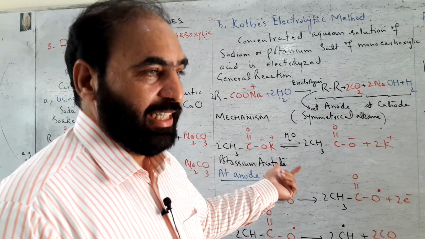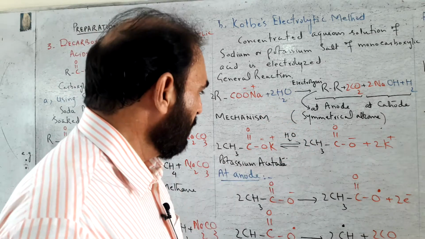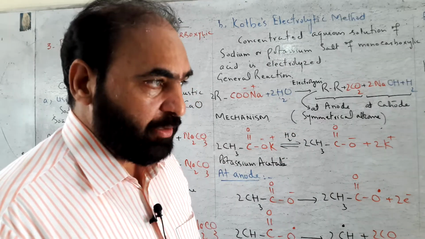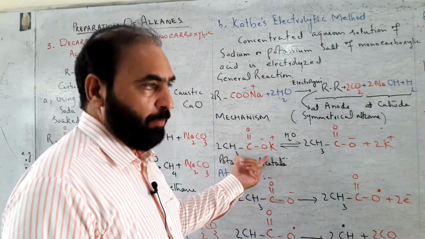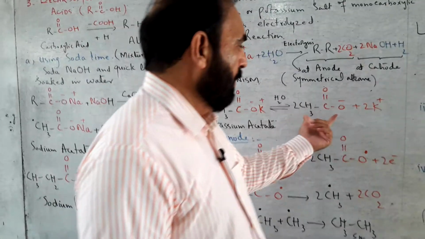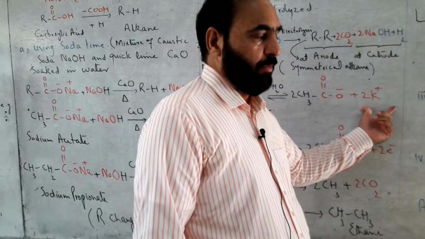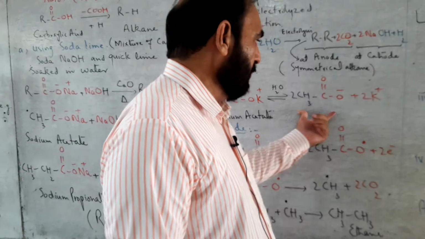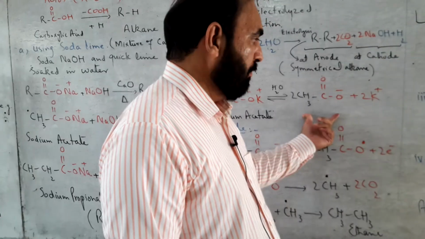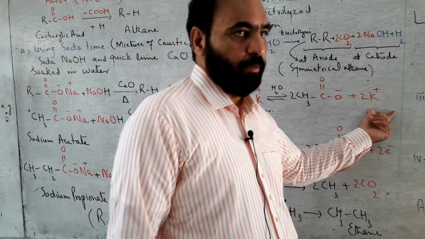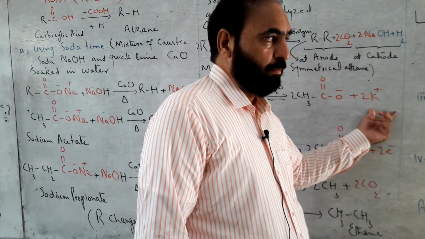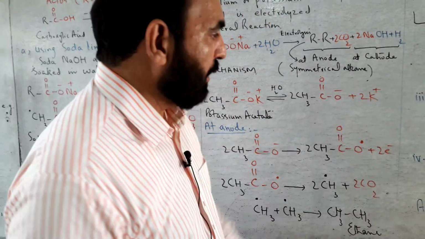Potassium acetate is ionized. Ionization means dissociation of an ionic compound into negative and positive ions. The anion of the salt is acetate ion and the cation is potassium ion.